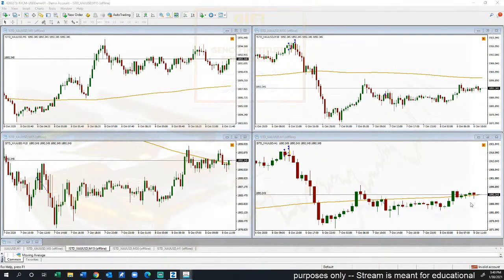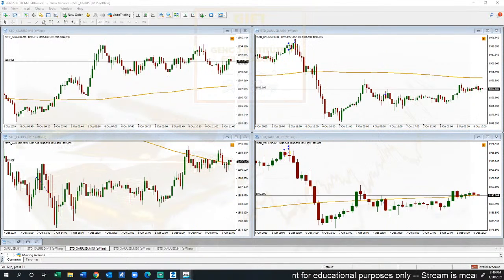Let's look. Now we have this range. Might have to actually let me do some analysis on it. We have this range. Right now you had this down move. But yeah, this resistance right here. We'll see what happens. Yeah, my bad. I'll just fast forward into the next day.